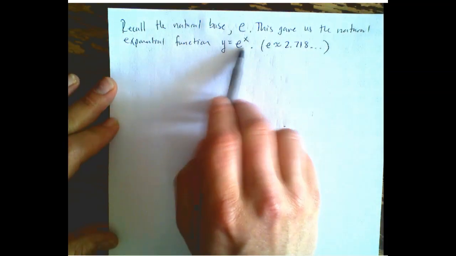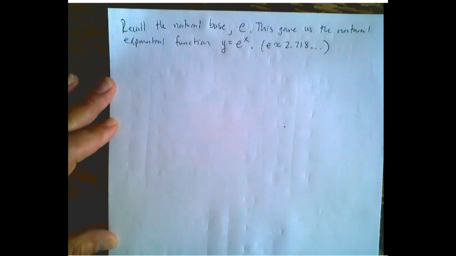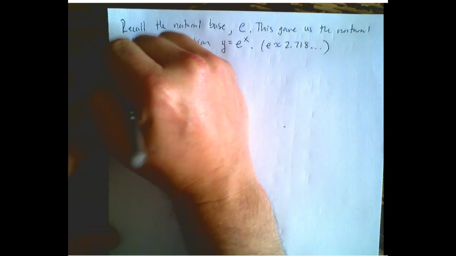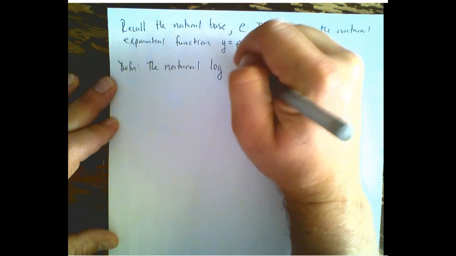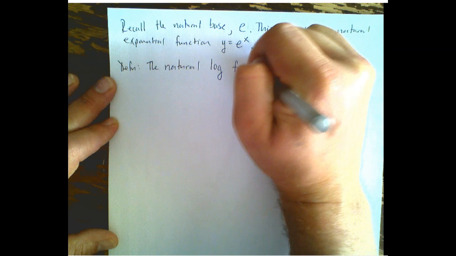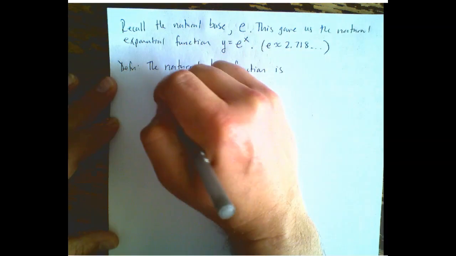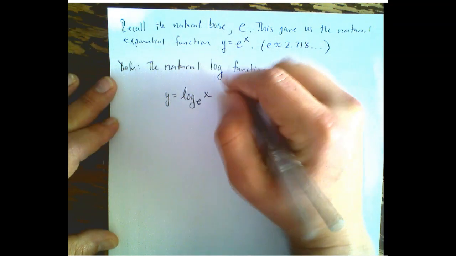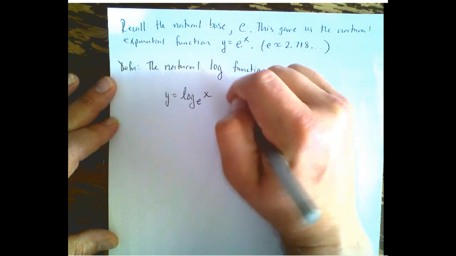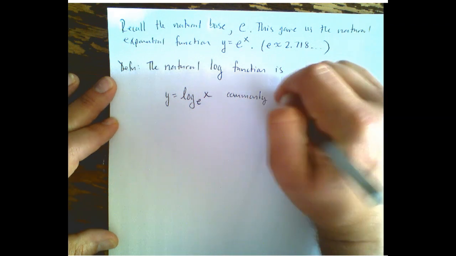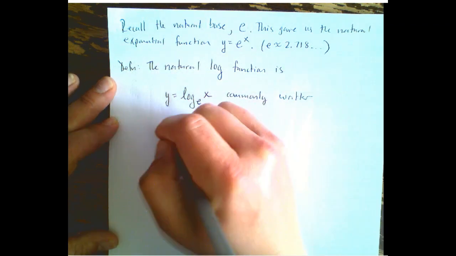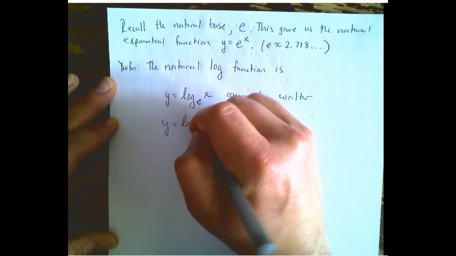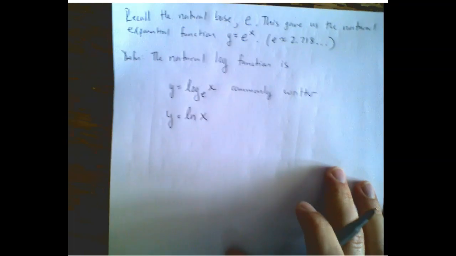So representing this as a logarithm is simple. So definition, the natural log function is y equals log base e of x, and it's commonly written y equals ln of x, okay?